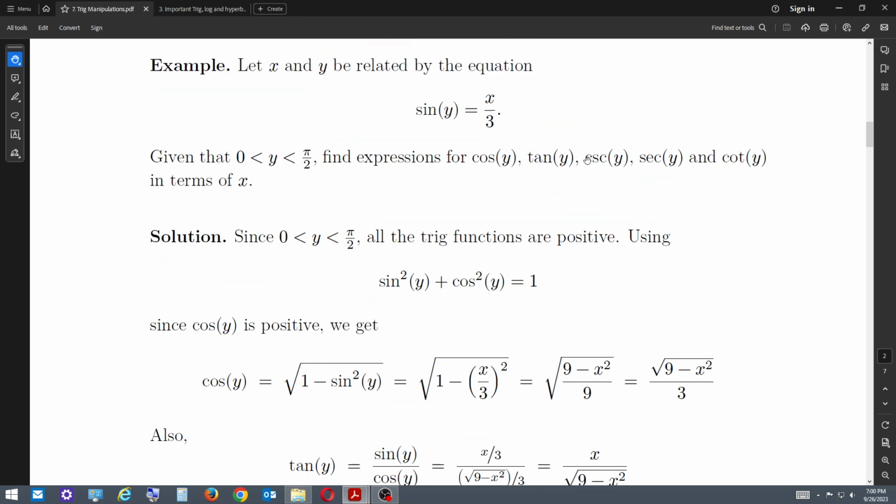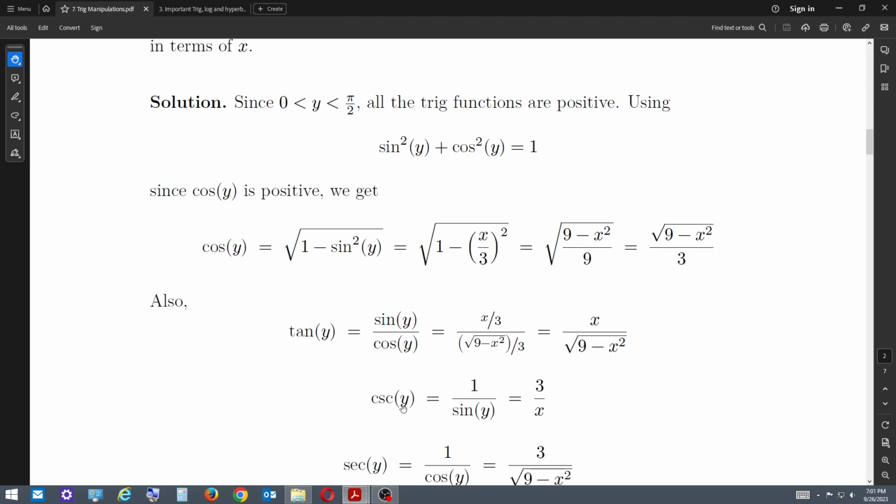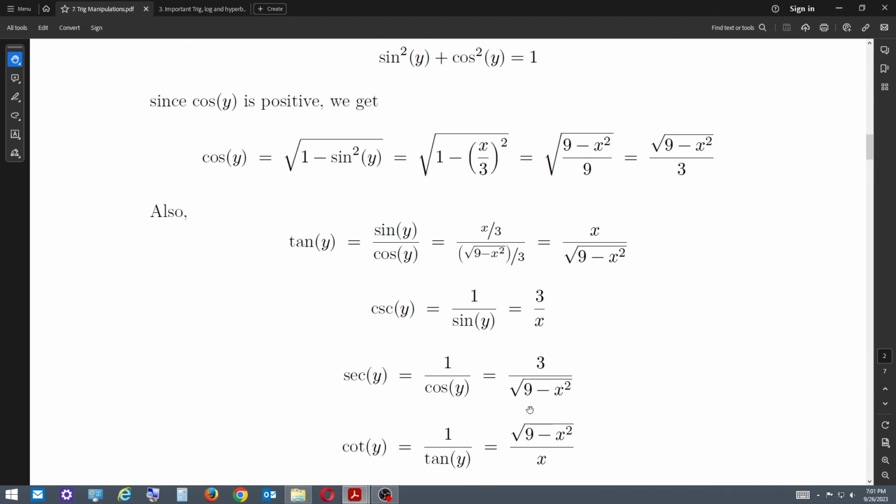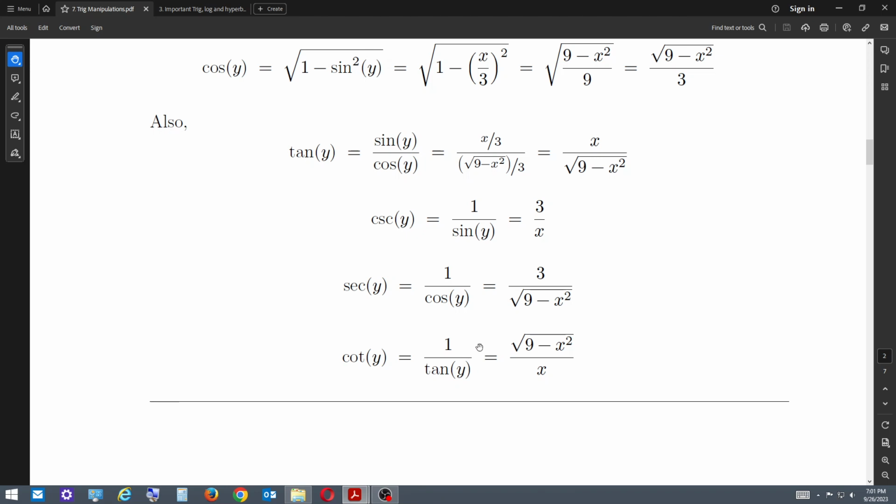Right? And then once we have sine, cosine, and tangent, the remaining 3 are just the reciprocals of these. So I just need to take those reciprocals. So cosec is 1 over sine, secant is 1 over cosine, and cotangent is 1 over tan.